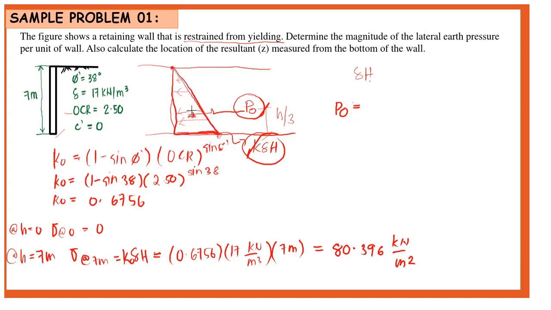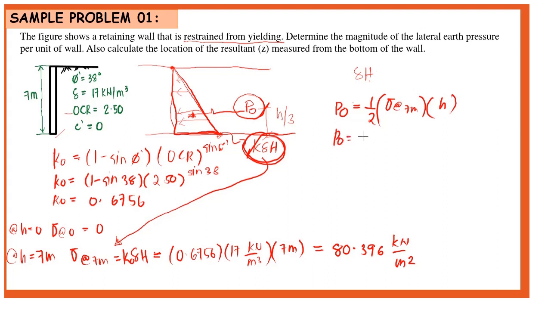The area of the triangle is equal to 1/2 the value here times the height. So our P0 here is equal to 1/2 of our pressure at 7 meter times the height, which is 7 meters.